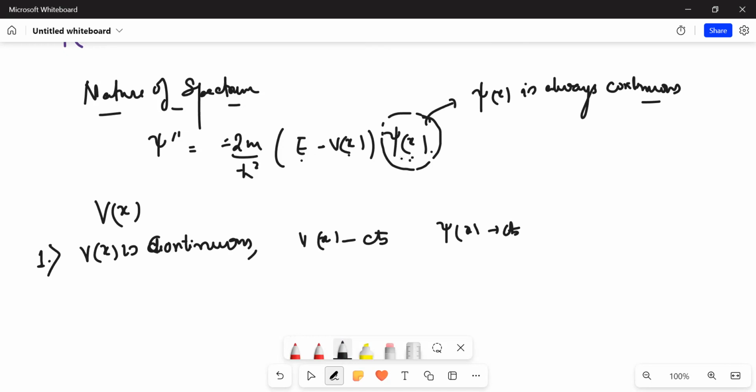A constant times a continuous function is also continuous, which implies that psi double dash is also continuous, and which indeed requires that psi dash must be continuous. Because if psi dash is discontinuous at a point, then this will not remain continuous. So psi dash must be continuous.